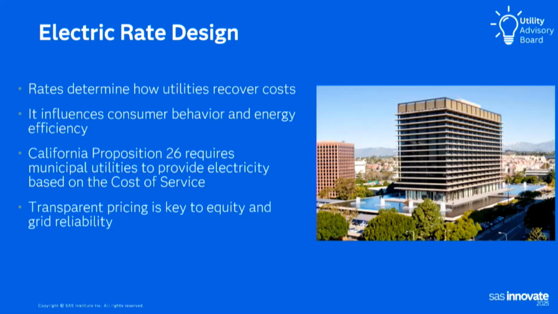In California, Proposition 26 requires municipal utilities to base their electric rates on the actual cost of service. This ensures that what customers pay fairly reflects what it costs to generate and deliver electricity. Transparent pricing like this isn't just good policy, it's essential for equity and for maintaining the reliability of the grid.